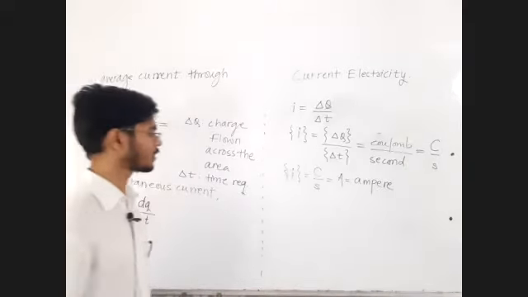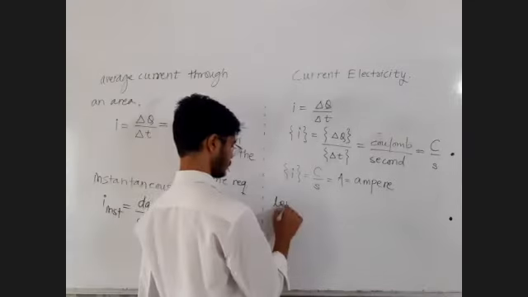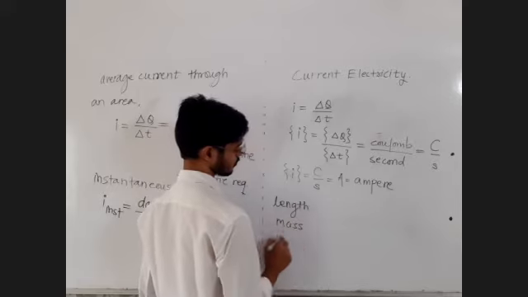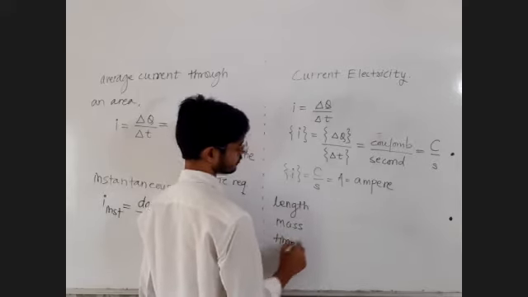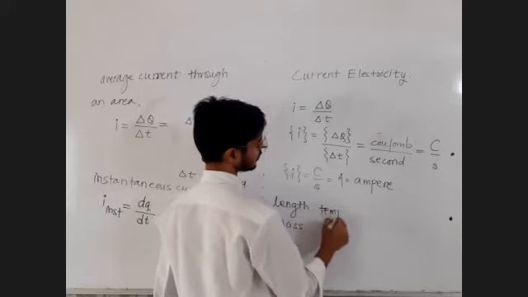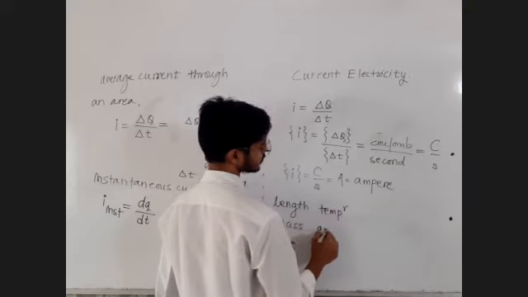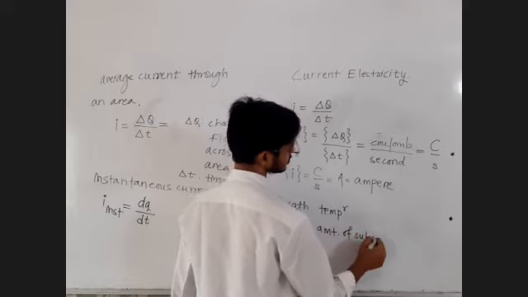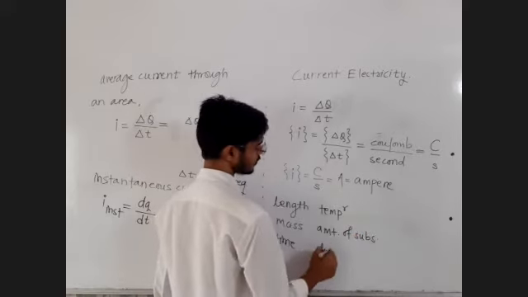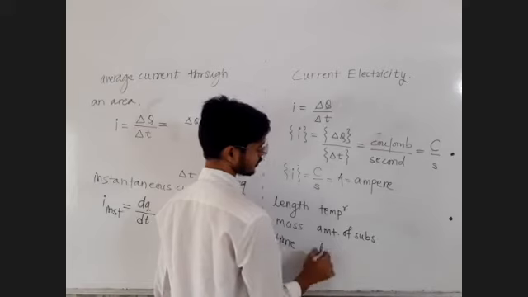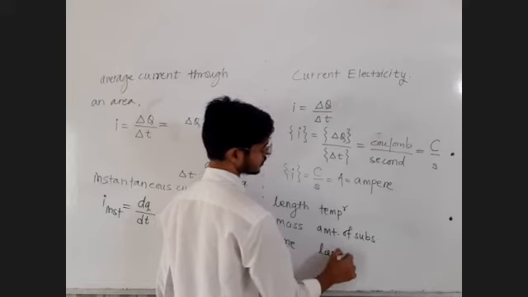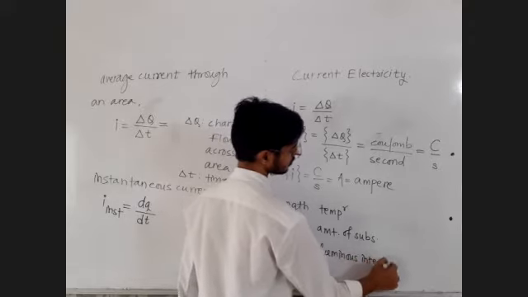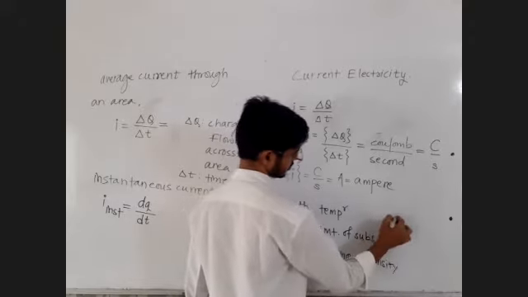There are 7 fundamental quantities: length, mass, time, temperature, amount of substance, luminous intensity, and the last is electric current.